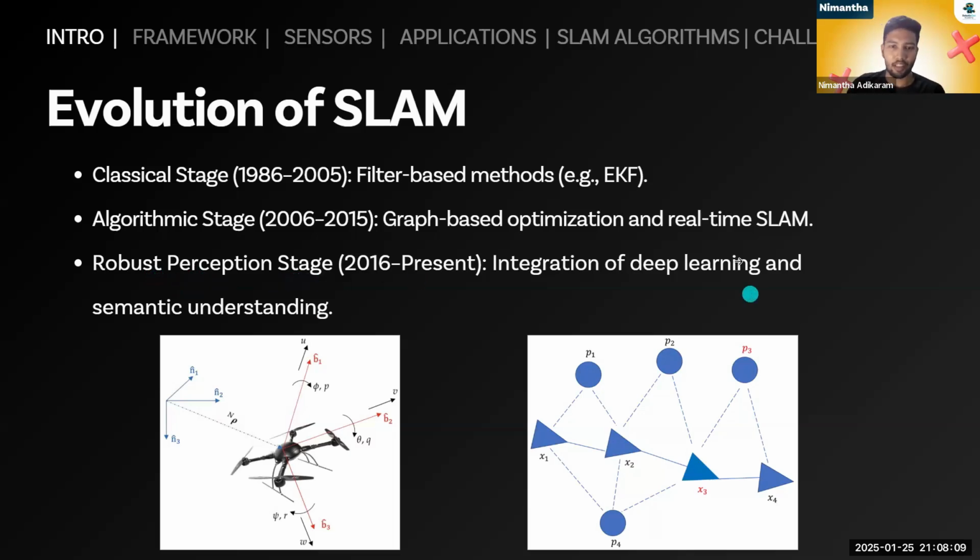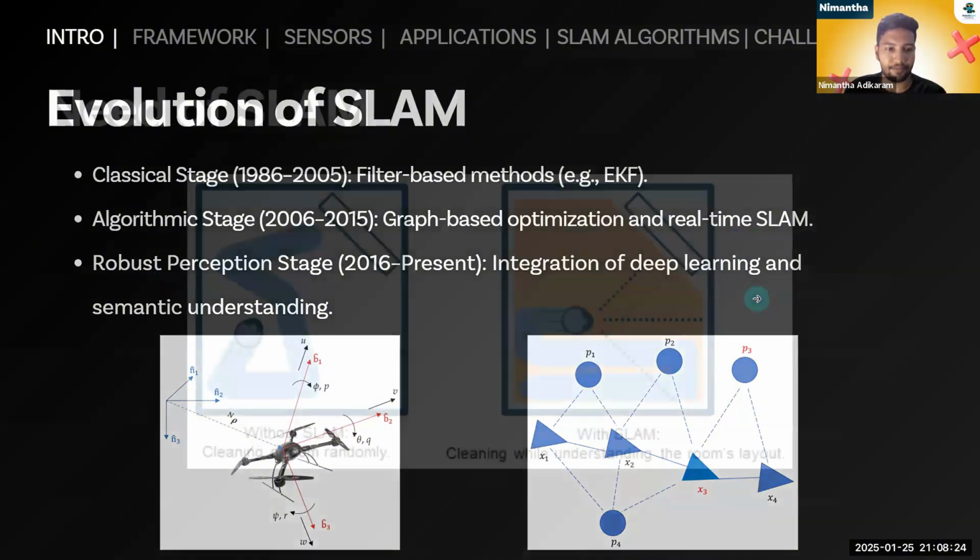Now the world is looking forward to deep learning and semantic understanding. That's the evolution of SLAM, and it will continuously improve in robotics and autonomous vehicles.